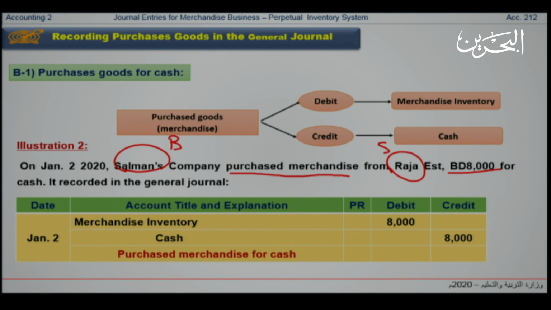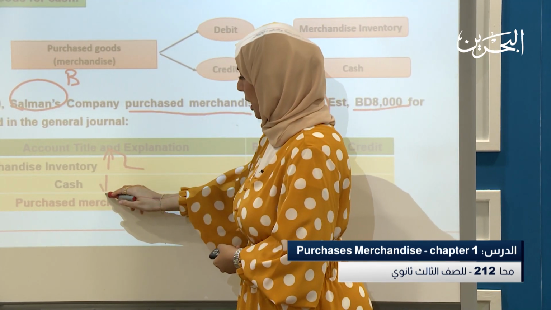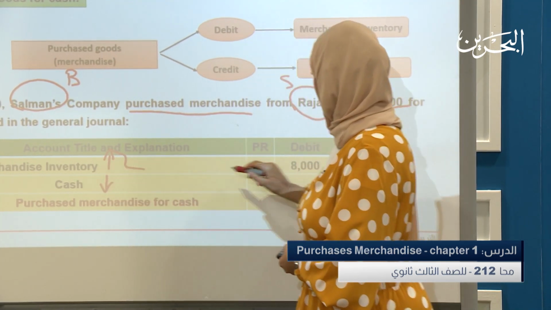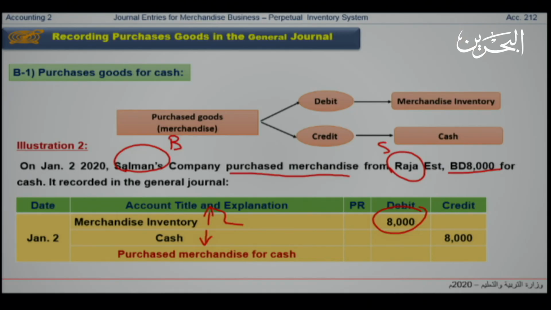If I purchase goods, my merchandise inventory will increase. And if I pay for this inventory, my cash will decrease. So I will put the inventory on the debit side because it will increase, and the cash for my company will decrease, and I will record it on the credit side.